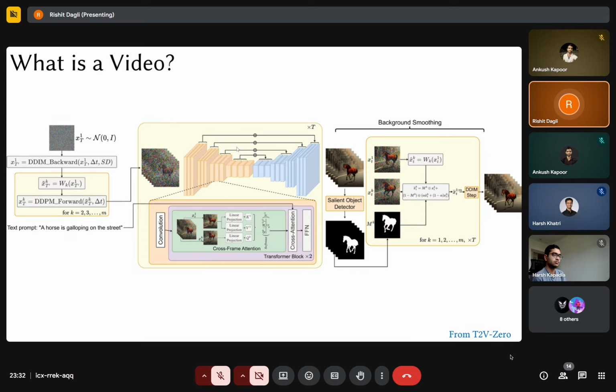You can generate images, then do a bunch of processes on top of it. Like this thing does some kind of object detection, and then it tries to warp images according to where you want them to move, and then add some noise.